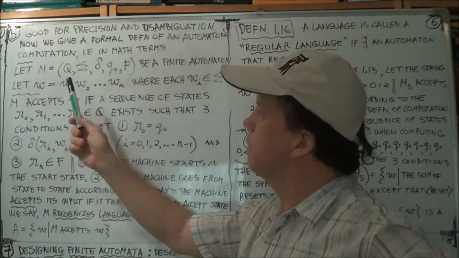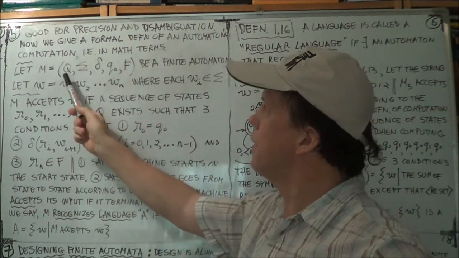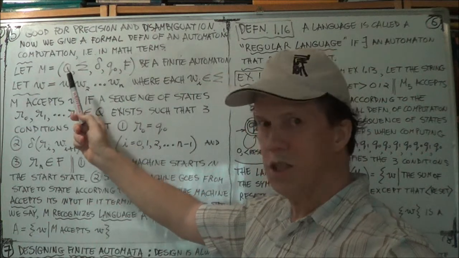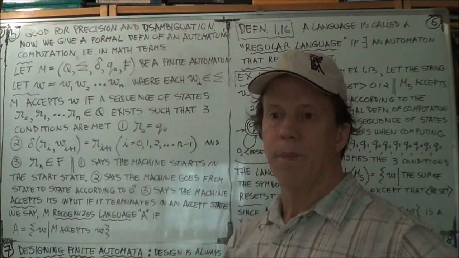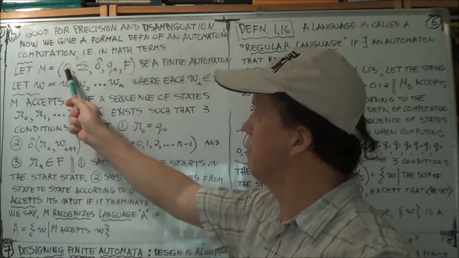So in terms of sets, it maps the set that is the Cartesian product of Q and sigma into the set of next states, which is Q.